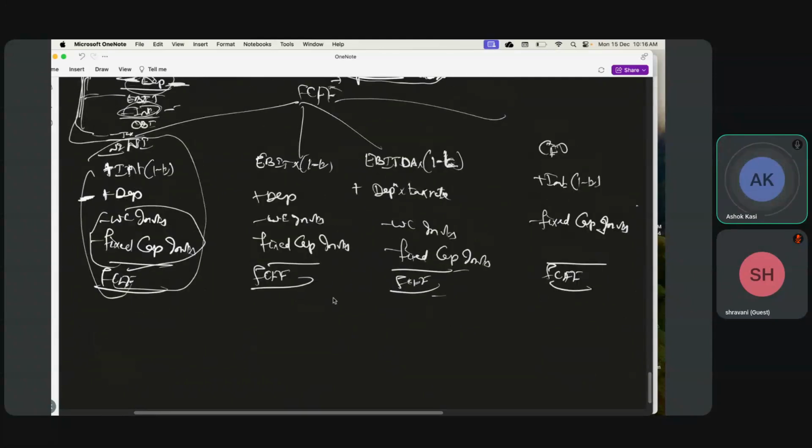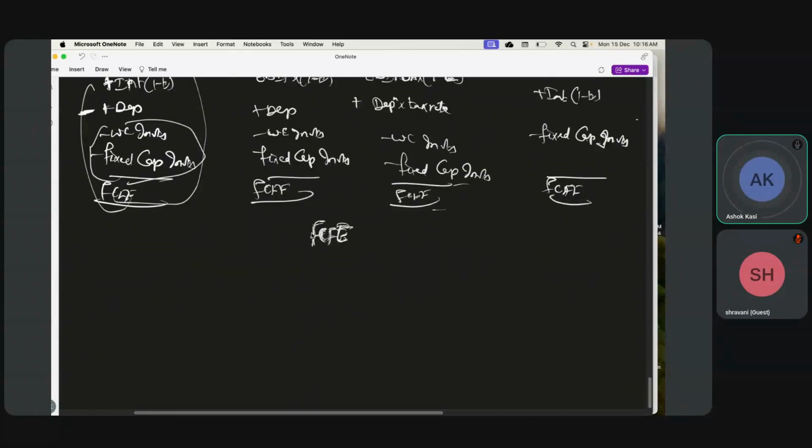Then free cash flow to equity. Okay. Free cash flow to equity.